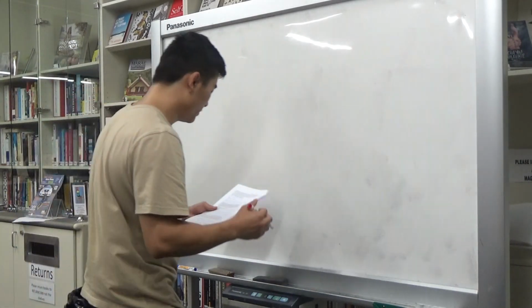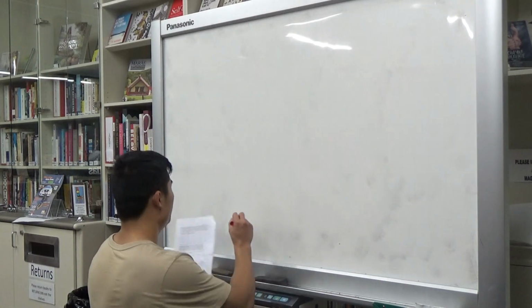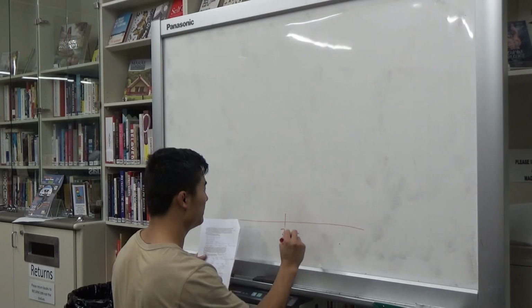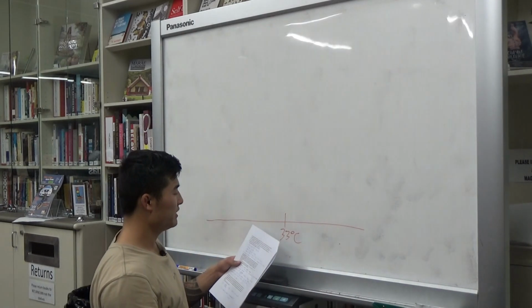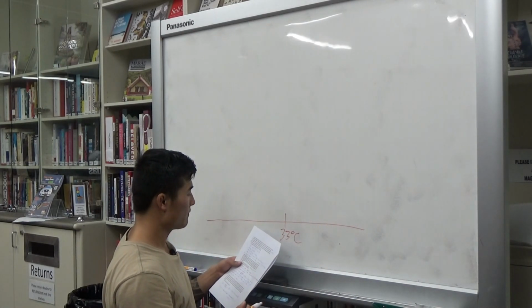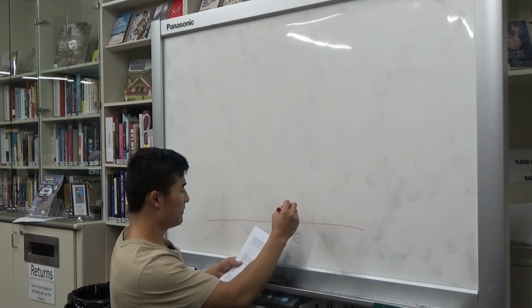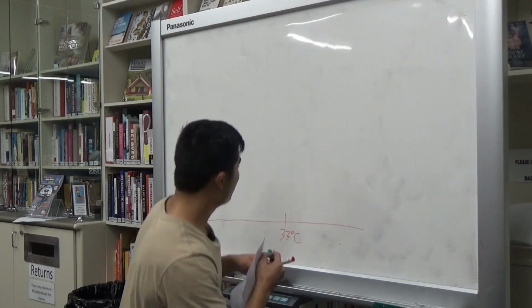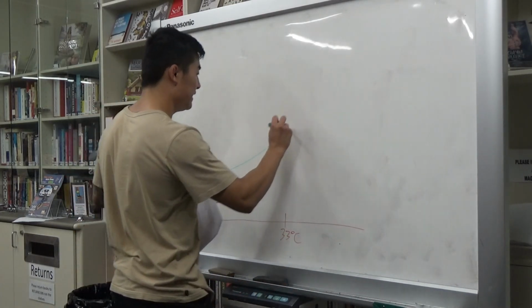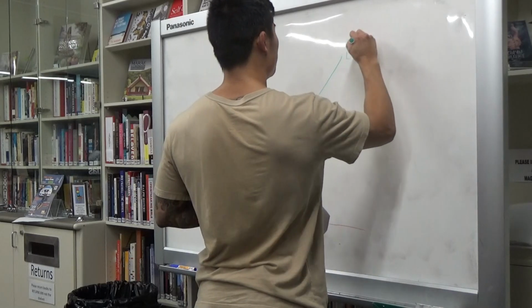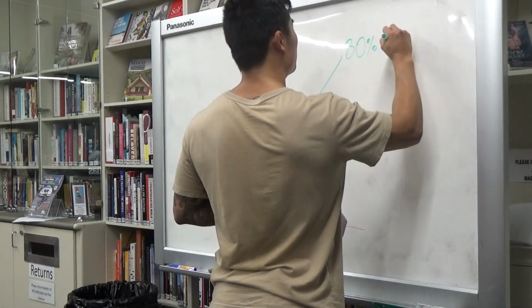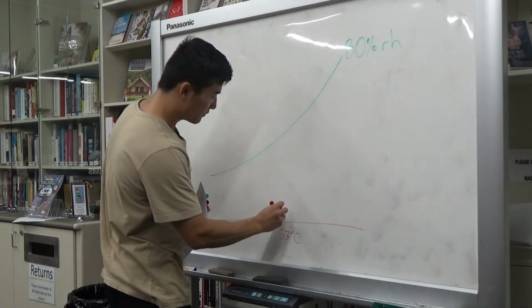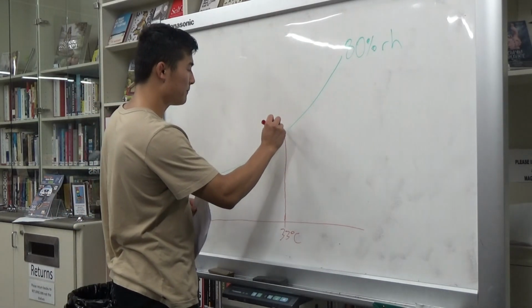For the initial moisture content, you'd have to find 33 degrees on your x-axis, the dry bulb temperature, and you'd have to find the relative humidity line of 80%. So this is the 80% relative humidity line, and you're going to see where it intersects.